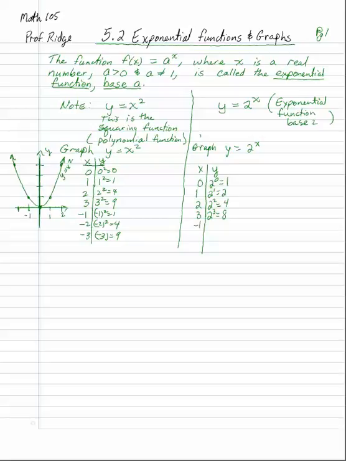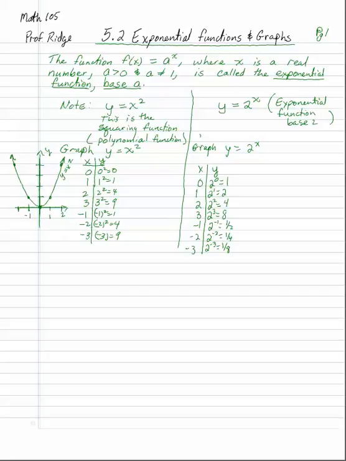If we did negative 1, 2 to the negative 1 is 1 half. 2 to the negative 2 is 1 fourth. 2 to the negative 3 is 1 eighth.